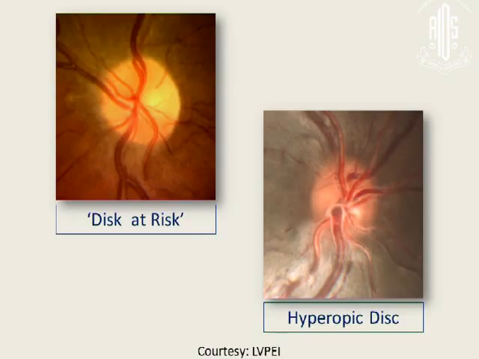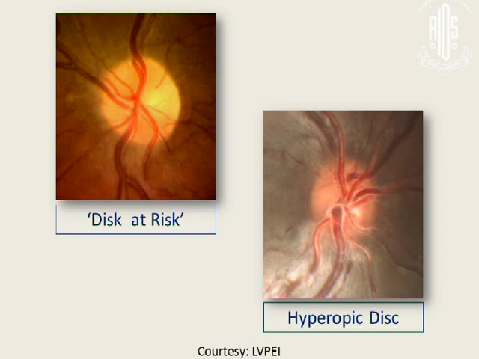These are another typical examples of pseudo-disc edema, which are often classified as true disc edema. This is a disc at risk. It's a small crowded disc which is more prone to developing ischemic optic neuropathy. Because it's a small disc, the nerve fiber layer has to climb up to the disc. It is crowded and it may give an impression that it is disc edema, but that is not.